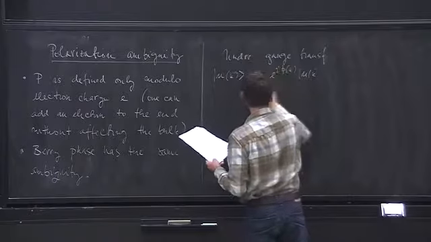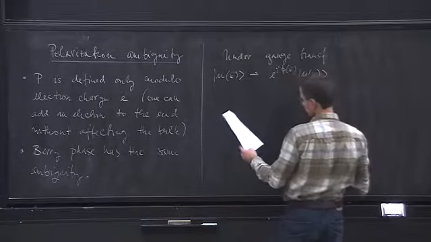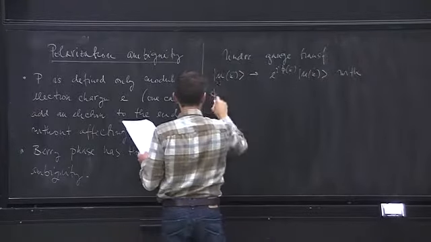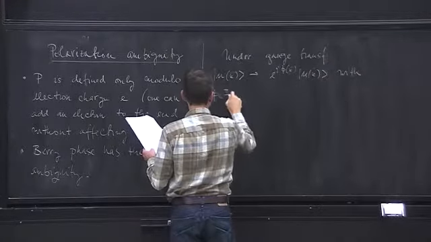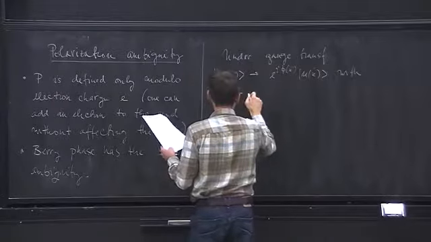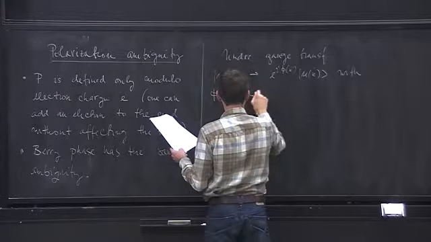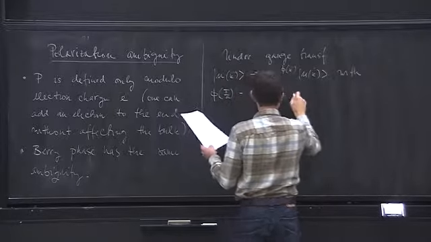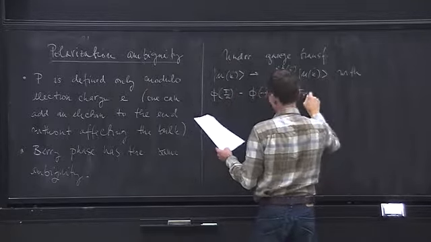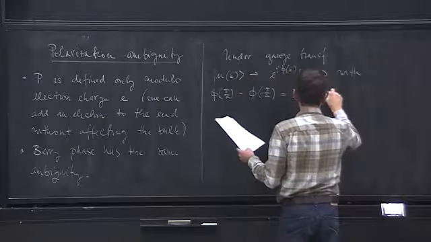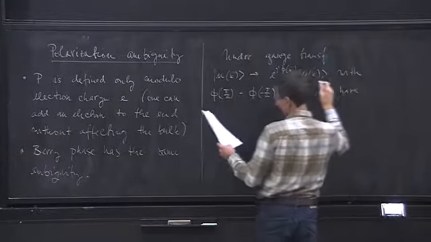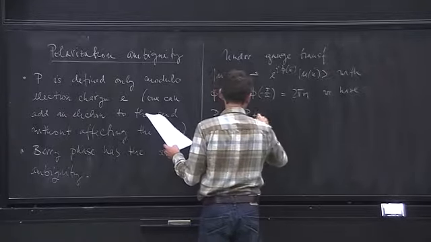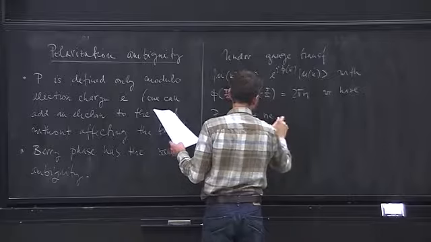I should not write vectors because this is 1D. With φ(π/a) minus φ(−π/a) equals 2π times n, we have polarization goes to P plus ne.